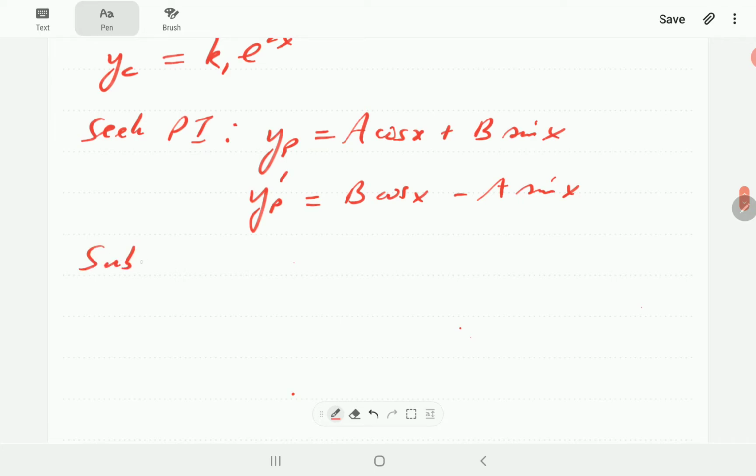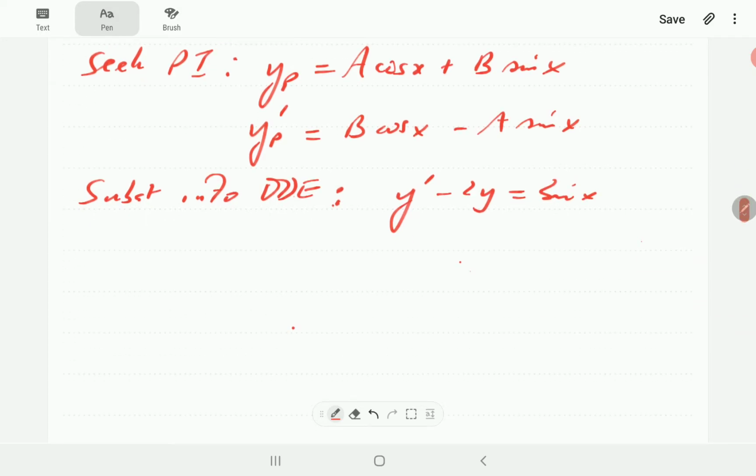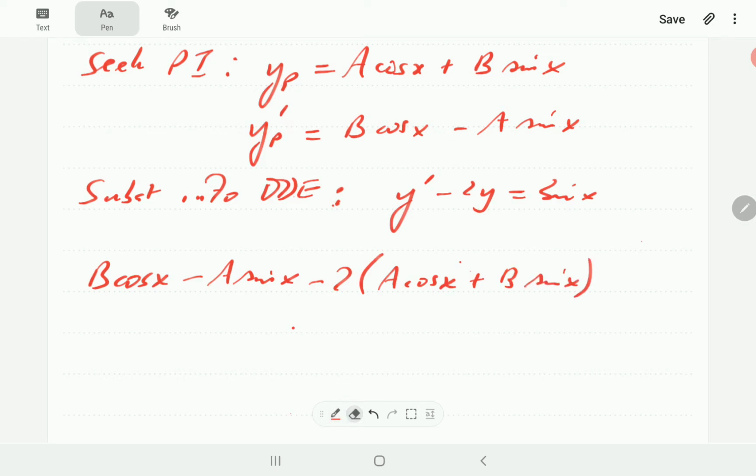Then we are going to substitute into the ODE. So the ODE is y prime minus 2y equals sine x. So we are going to get b cosine x minus a sine x, which is y prime, then minus 2 times a cosine x plus b sine x. And then the right hand side, of course, is sine x.